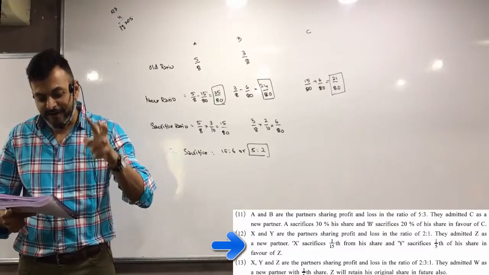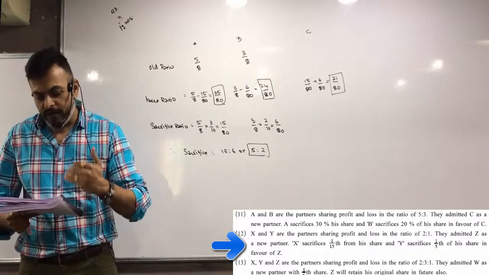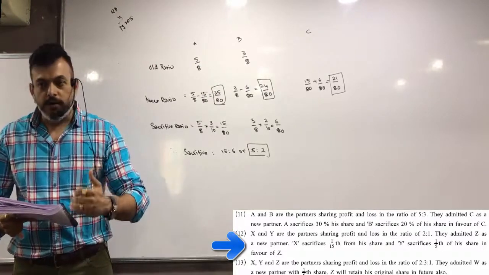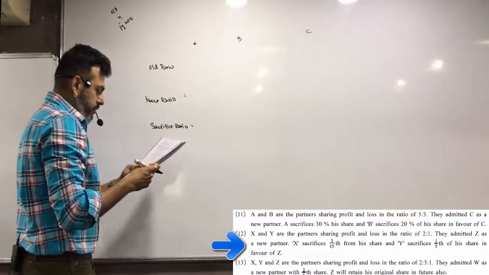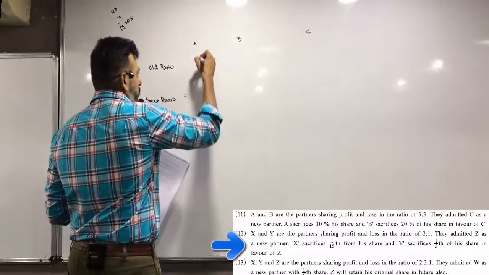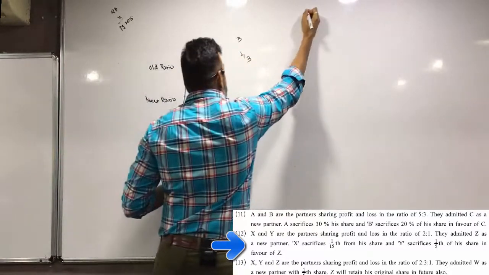Can I say sacrifice of X is directly given, 1 by 15? But for Y, we have to calculate. Start doing it. Old ratio 2 is to 1, so 2 by 3 and 1 by 3.